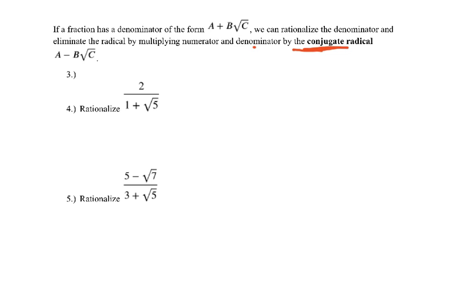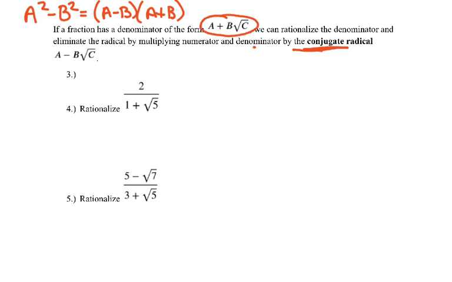Remember when we had a squared minus b squared, a difference of squares, and that factored into a minus b, a plus b, and what happens is when you FOIL it, your outers and inners cancel. We're going to do the same thing here. A plus b radical c and a minus b radical c are conjugates of each other, because when we multiply them, it will remove the radical completely.